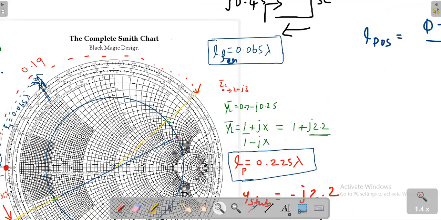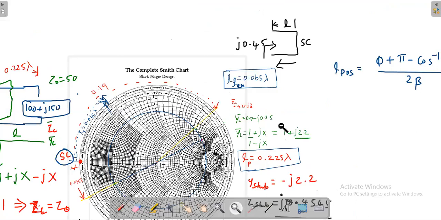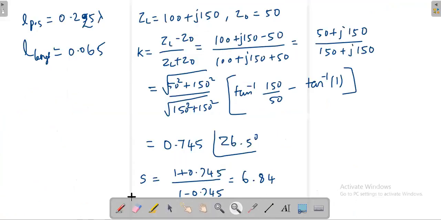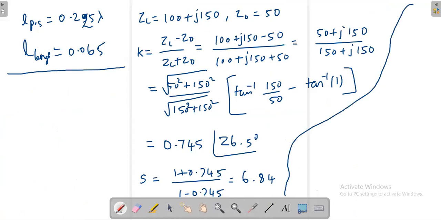I'll go to the next, please wait a bit. 6.84. Now you know the value of k and the value of s, then you can calculate the position of the stub, and then the length of the stub.